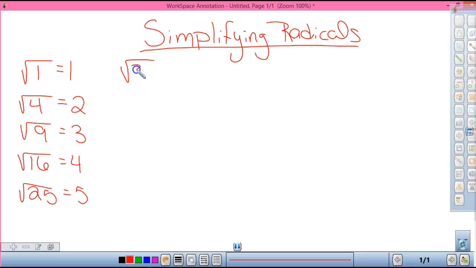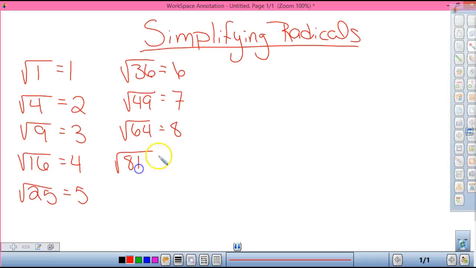Root of 36 is 6. Root of 49 is 7. Root of 64 is 8. What's next? 81. And 100 would be 10.